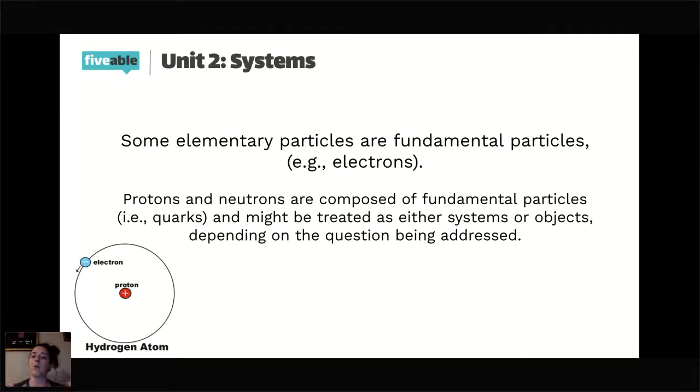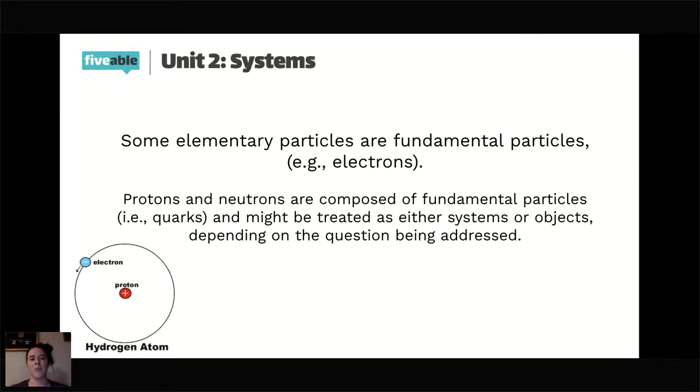Well, we don't care that the hydrogen atom has a proton and an electron, because we ask about the whole hydrogen atom. So we can treat that hydrogen atom as an object by itself. It's moving, how far did it move? The end. So that's our system.